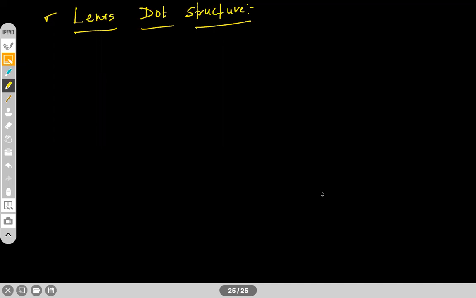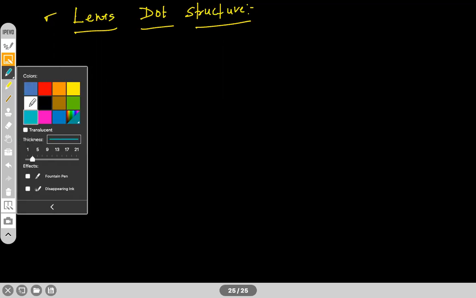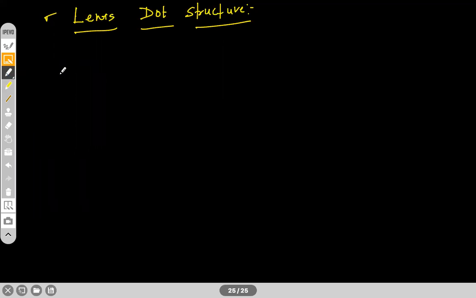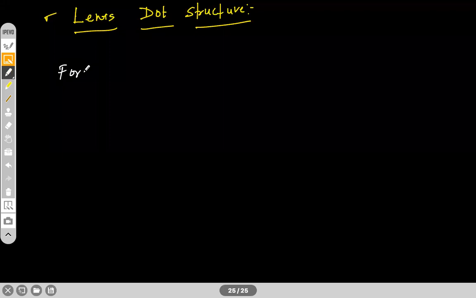Okay. Next point, calculate the formal charge on each atom.